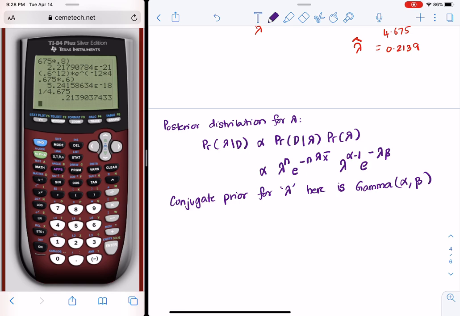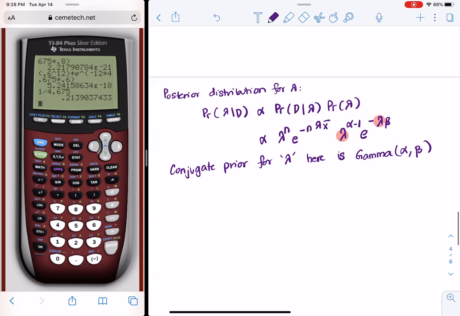So that would be the prior for the exponential model, and it is a conjugate prior. So the prior for lambda, and the parameters are alpha and beta.